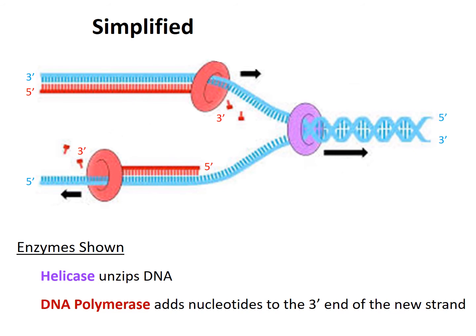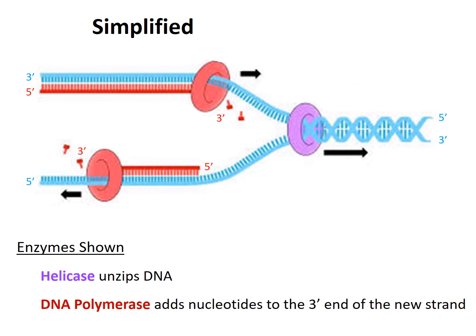Here in purple we have a helicase enzyme unzipping the DNA. That's the replication fork. It's going to travel down the entire length of your DNA molecule till it just falls off the end. And then in red we have the DNA polymerases adding nucleotides to the 3' ends of the new strands being built. You can see the black arrows showing the direction that these enzymes are traveling.